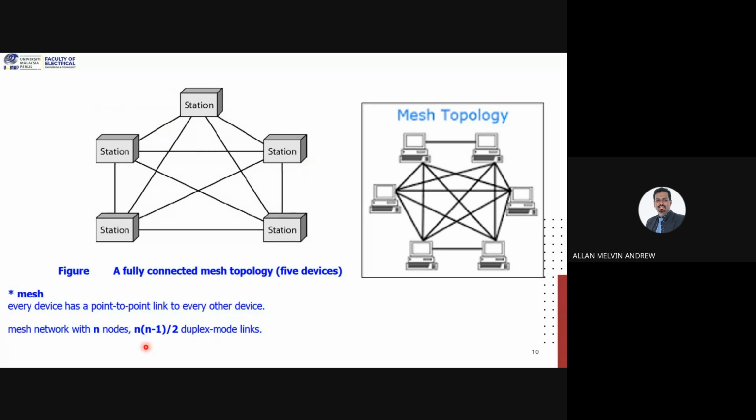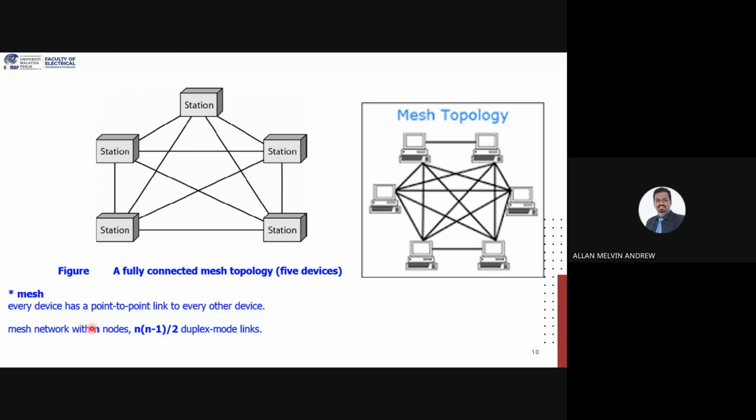Okay, so a mesh network has n number of nodes, and this is the formula: n times (n minus 1) over 2. Okay, so that's the formula. Let's say this case. What is the value of n for this case?